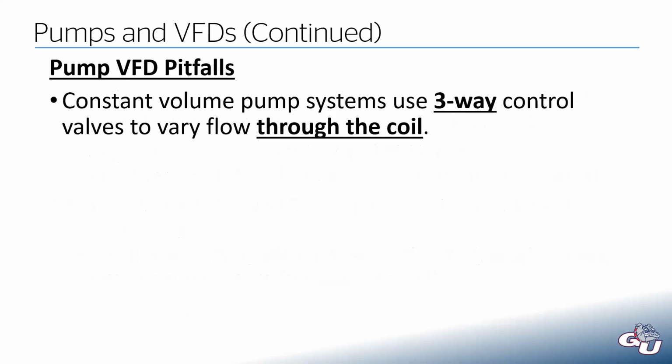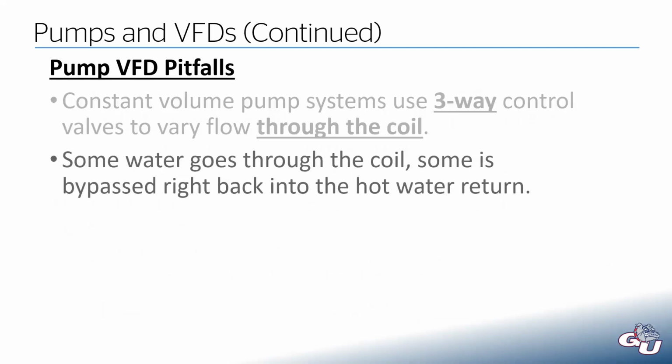And that's what's used to vary the flow through the coil. Some water is going to go through the coil where it'll actually heat up the airstream, which is the goal of our hot water system. But some of this water is just bypassed right back into the hot water return.